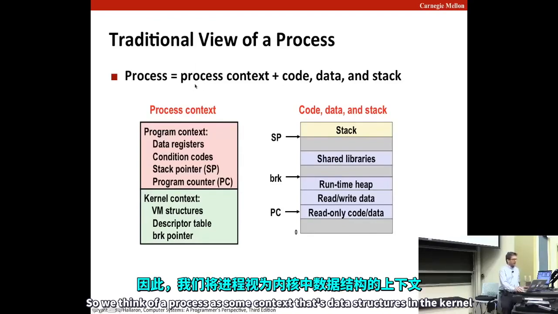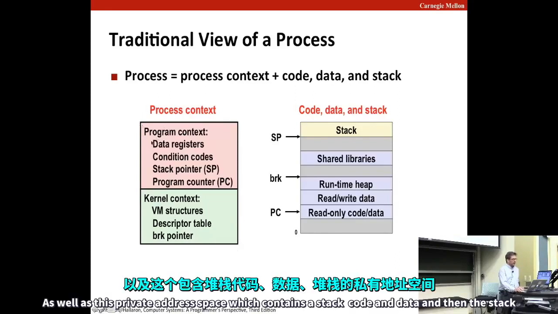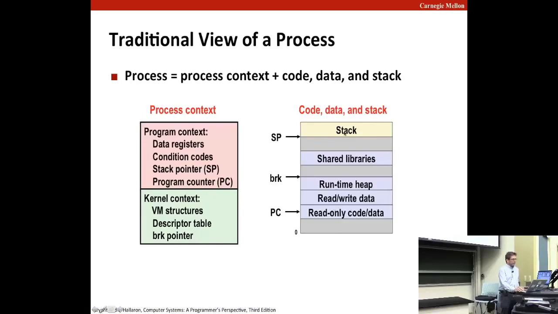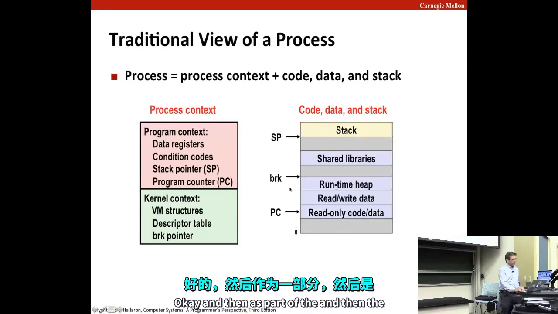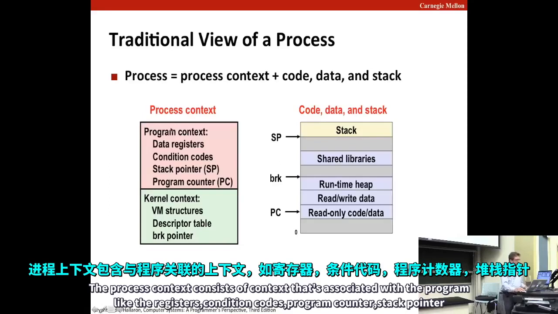So we think of a process as some context. That's data structures in the kernel, data that the kernel keeps about that process, as well as this private address space, which contains code, data, and the stack. The process context consists of context that's associated with the program, like the registers, condition codes, program counter, stack pointer.